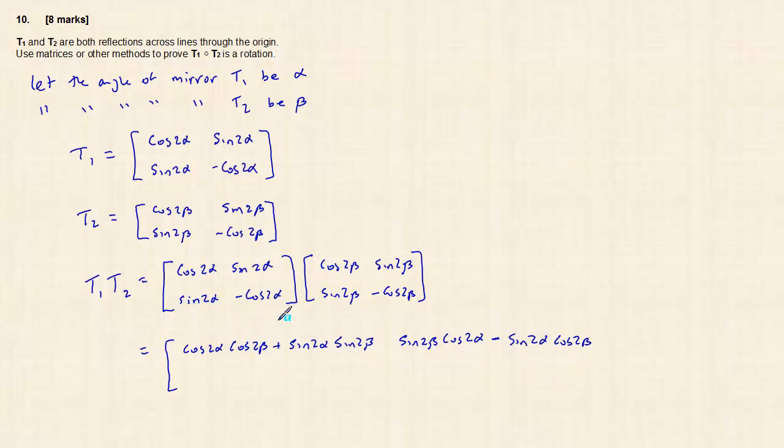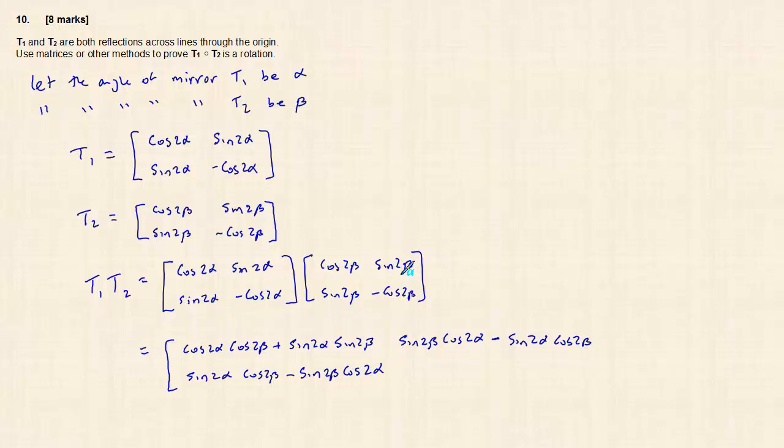Bottom times left is going to give me sine 2 alpha cos 2 beta take away sine 2 beta cos 2 alpha.